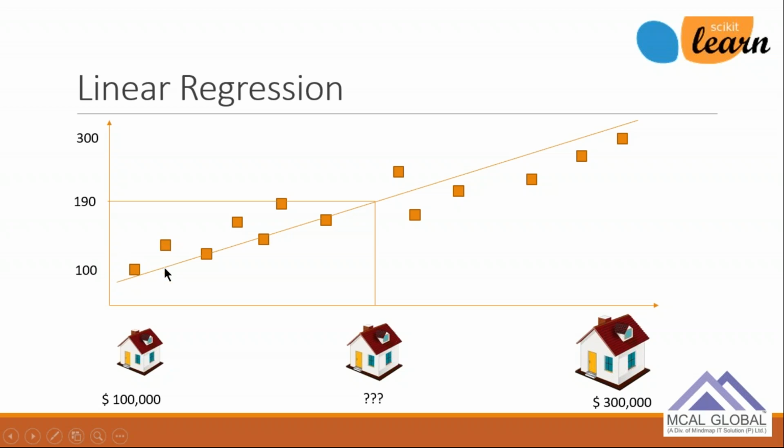That value squared, plus this value squared, plus this value squared. So you're adding up all the differences of your 13 data points, and then you're minimizing that. That minimal error is the line which is made here.